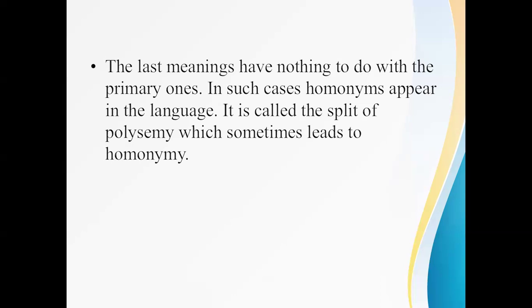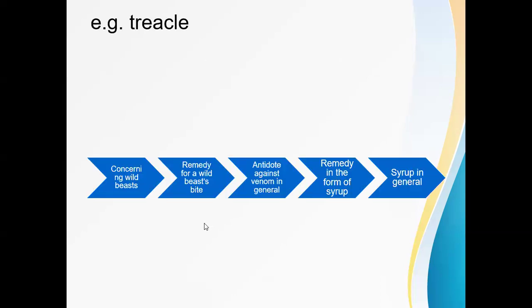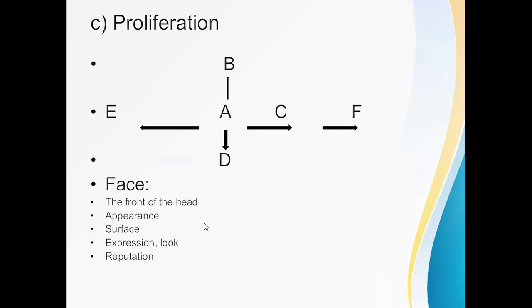It is called the split of polysemy, which sometimes leads to homonymy. Proliferation. Face: the front of the head, appearance, surface, expression, look, reputation.